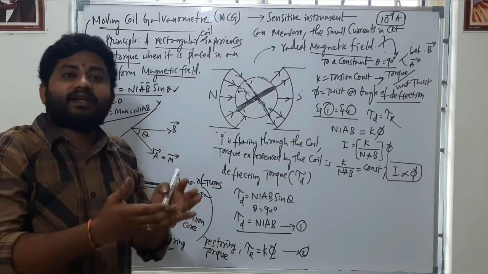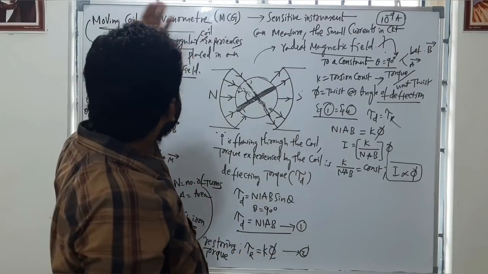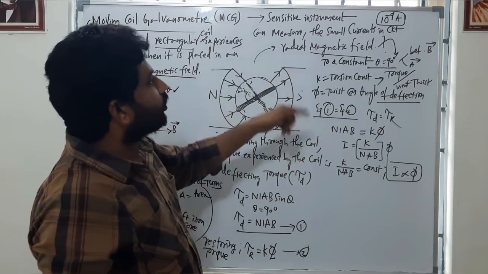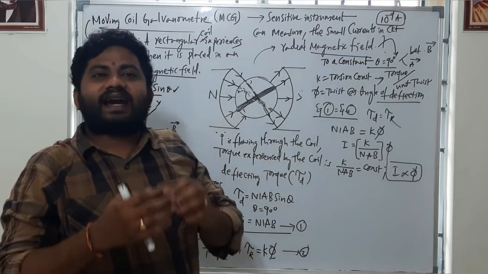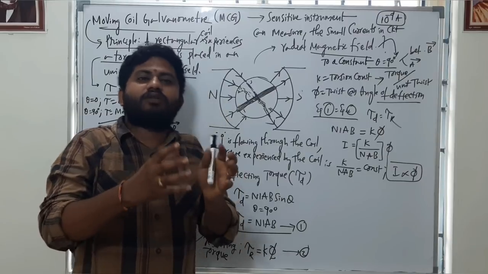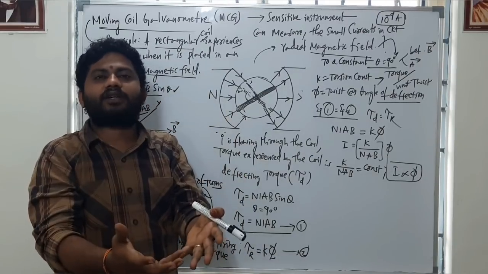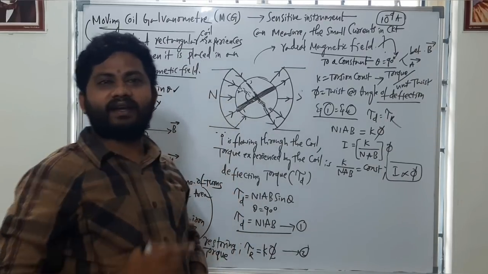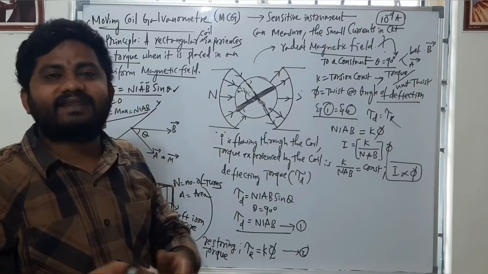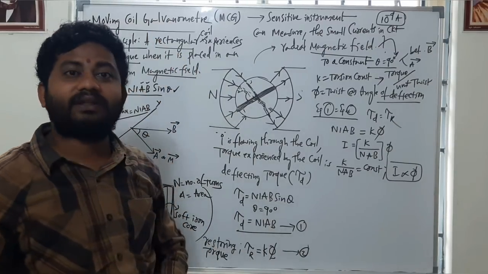You know, an ammeter is used to measure the currents in the circuit, but a moving coil galvanometer is used to measure the small currents. If the currents have sufficient magnitude, they will definitely be measured by using an ammeter. So that ammeter is a device which has come from the conversion of the moving coil galvanometer, right?